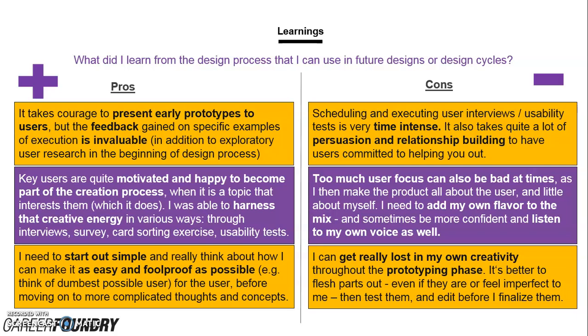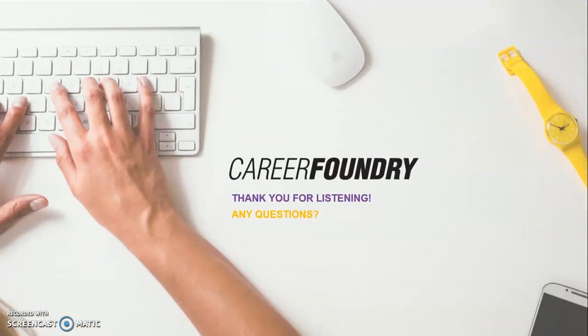So I think it's probably better to flesh parts out, and even if they feel imperfect to me, I need to get rolling with it, and it's better to then test them, get feedback, edit before I finalize them, and not have the ambition to make everything perfect before showing it to anybody. So these are my key learnings.